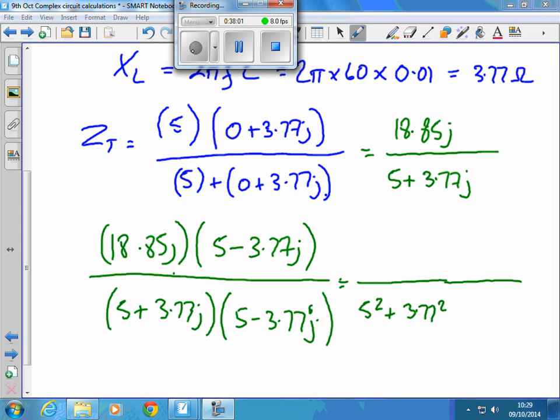And the result of the top is a bit more messy than that. What did we get then for this top line? Those two multiplied together.